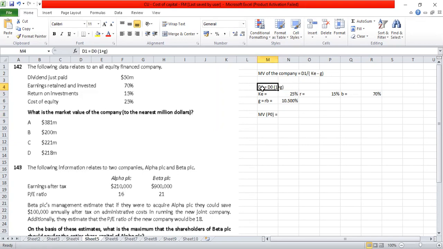What is dividend? Got the answer? No one's responding.